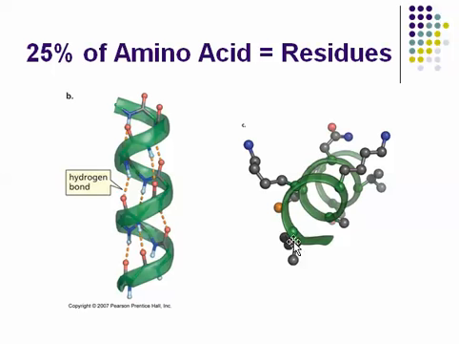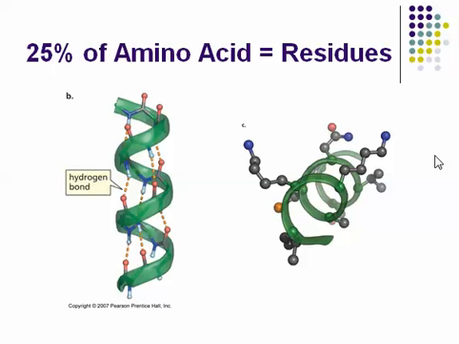When the alpha helix begins to form, you can see the alpha helix here. All of the R groups are going to be sticking out of the outside. So this is the R group of one amino acid, this is the R group of another amino acid, this is the R group of another amino acid, and all the way down the line. So all of the R groups kind of point on the outside for the most part, and that's the typical kind of representation of an alpha helix.